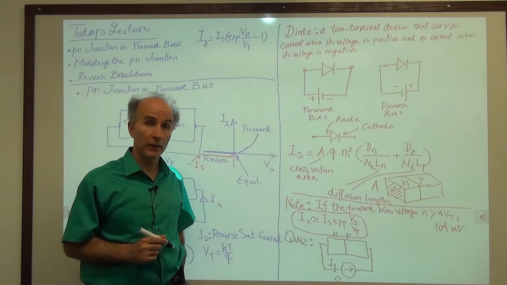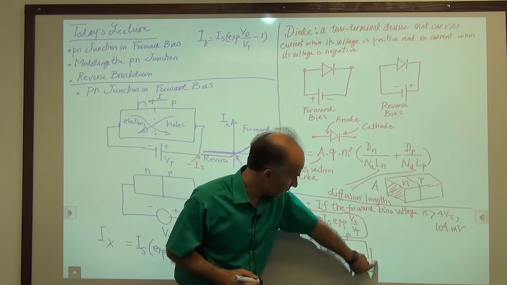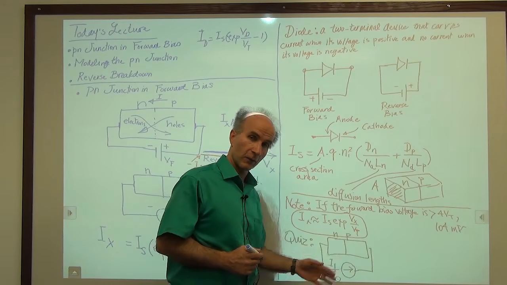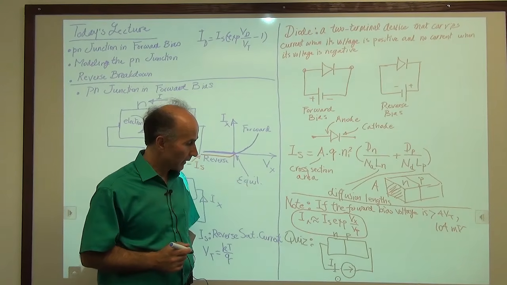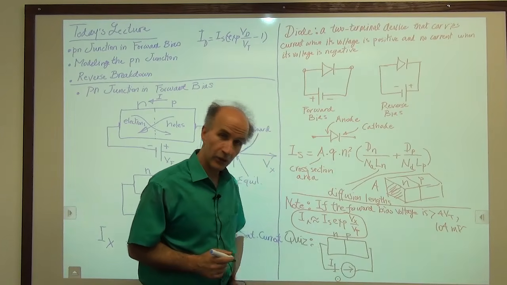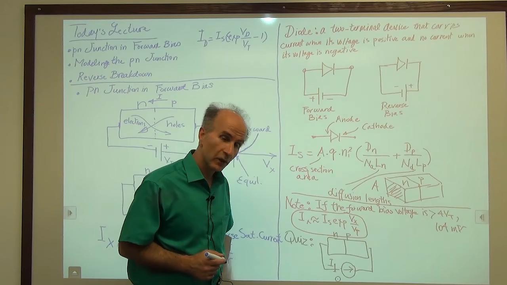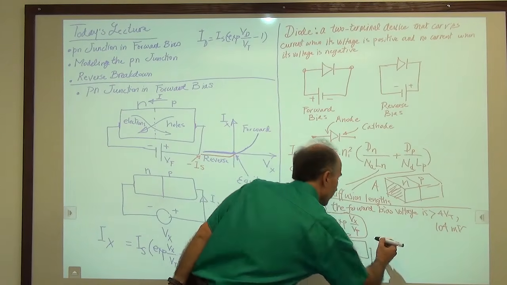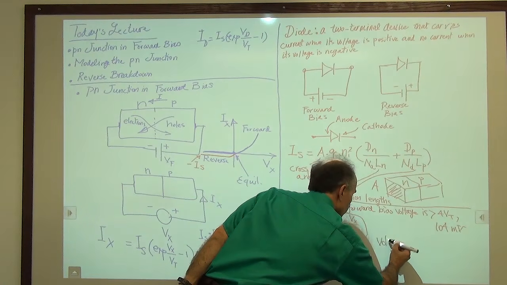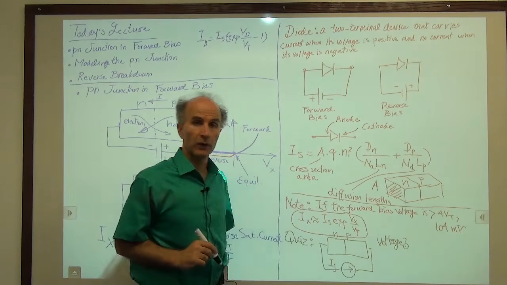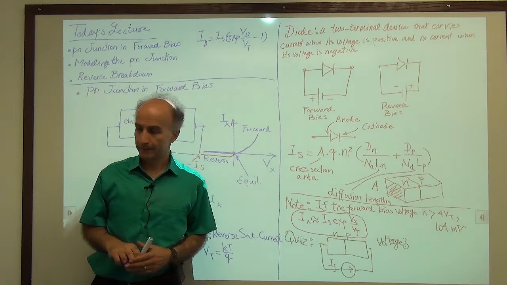The current wants to create a forward bias because it wants to push this way. It wants to push positive charge this way, which means the device will be forward biased. The question is, if we inject a current of I1 in this direction, how much voltage do we get from here to here? So how much is the voltage across the diode? I will give you 90 seconds to think about this.